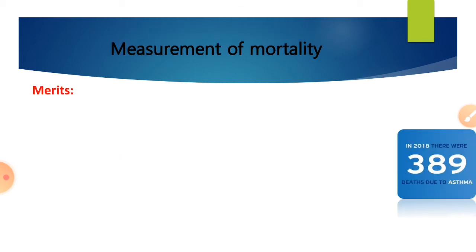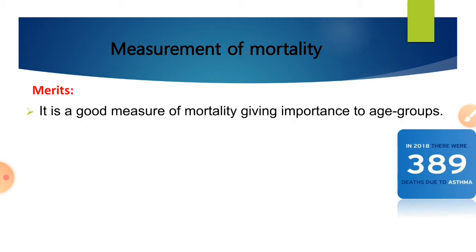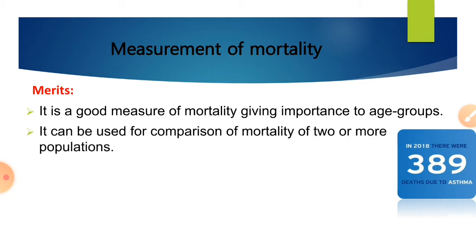So then what are the merits of STDR? The first merit is, it is a good measure of mortality, giving importance to age groups. The second merit is, it can be used for comparison of mortality of two or more populations. So using STDR we can compare the death rates of two or more populations. So then what are the demerits or drawbacks of STDR?